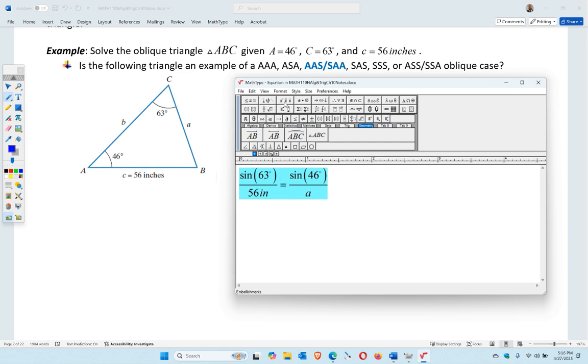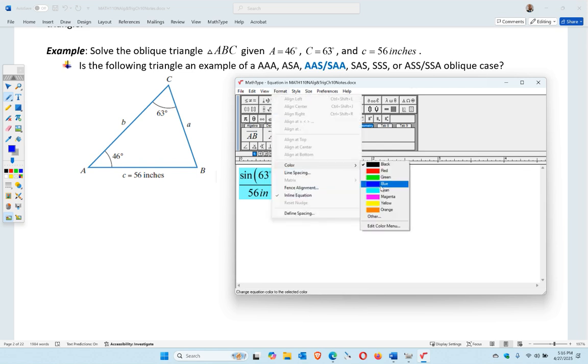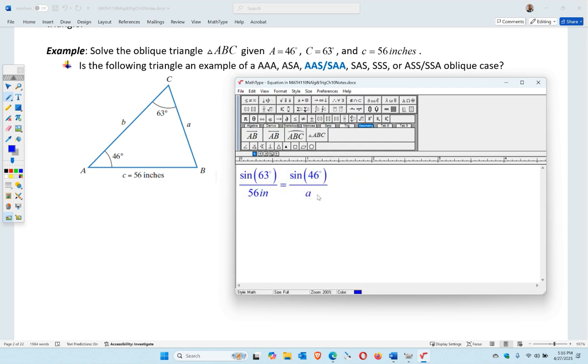Okay, so what we need to do is cross multiply. If I cross multiply, it's a times the sine of 63 equals 56 times the sine of 46. Then we're going to divide both sides by sine 63.